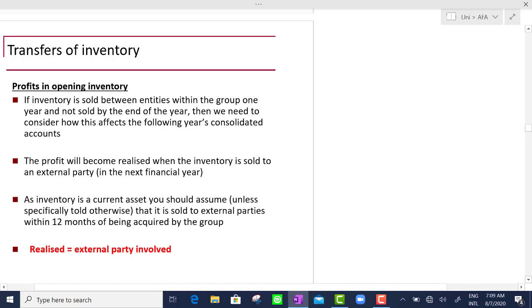Let's see when these transactions happened in different years. Okay, different years.